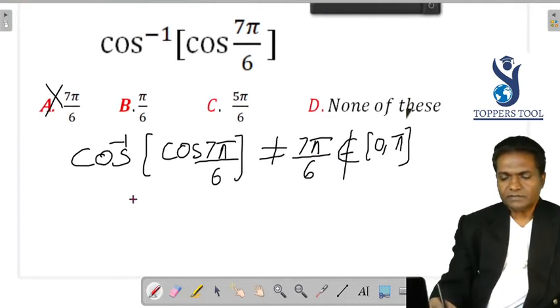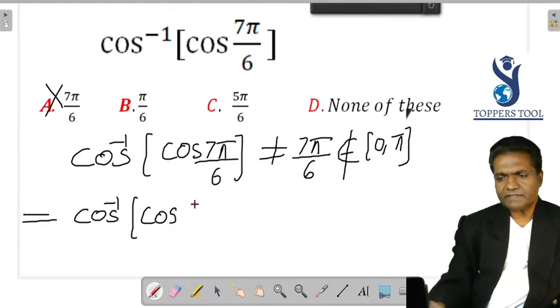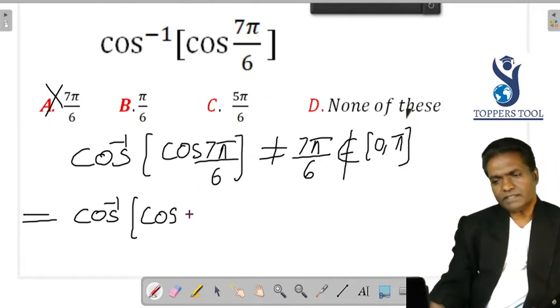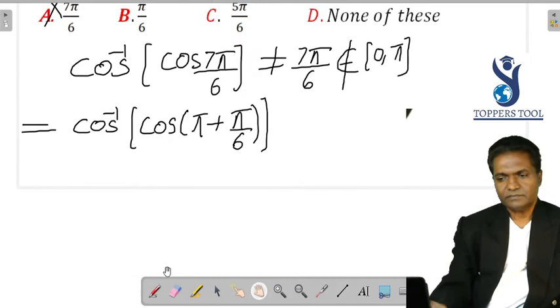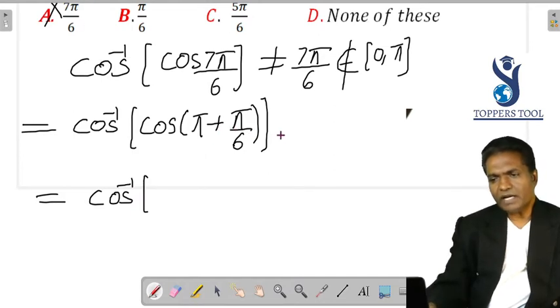Now see here, convert cos inverse of cos of 7 pi by 6. Put it in the mixed fraction form. 7 by 6 means it is 1 more than 6, so I can write it as pi plus pi by 6. If you take LCM, 6 pi plus pi is 7 pi. In this way you have to express. This is cos inverse of cos of 180 plus theta.